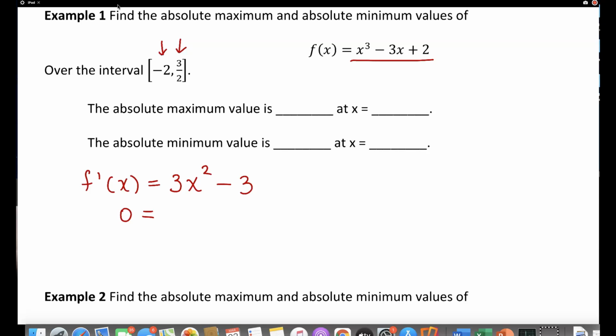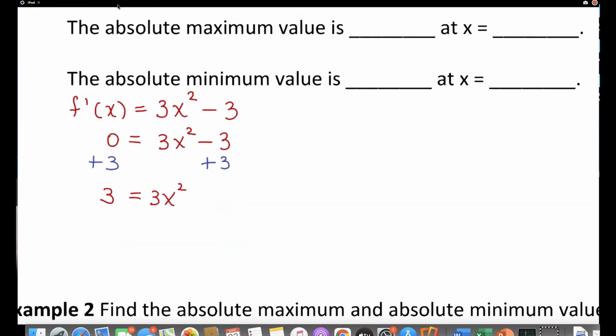I get 3x squared minus 3 equals 0. If I solve this for x, I'll add 3 on both sides, which is 3 equals 3x squared. I need to divide both sides by 3.